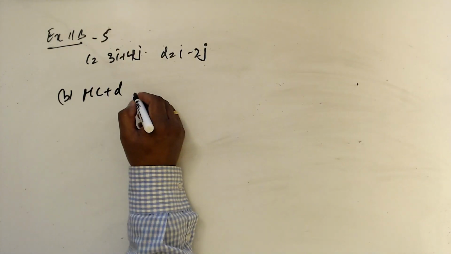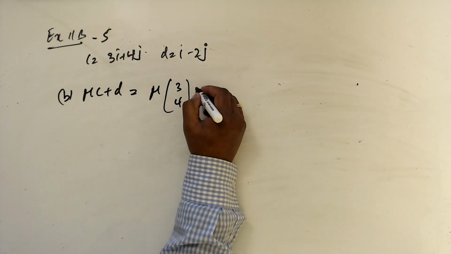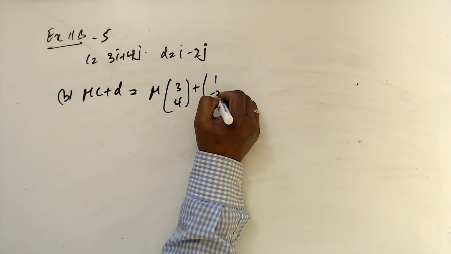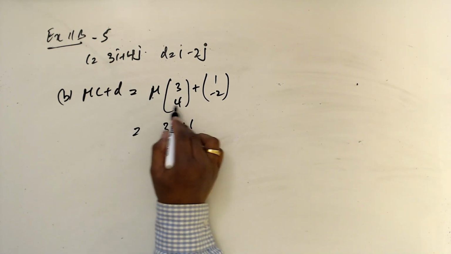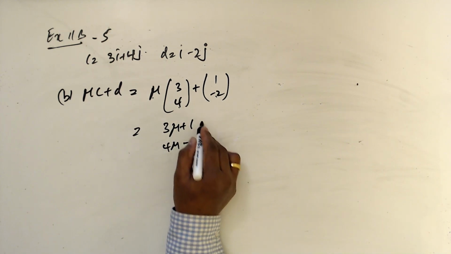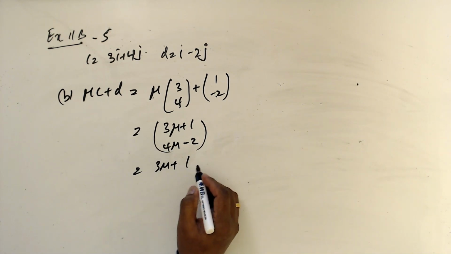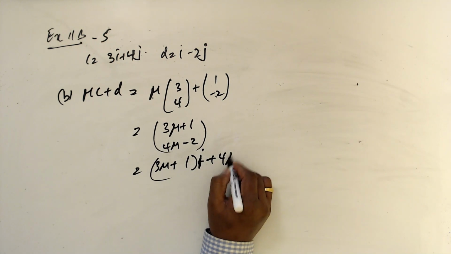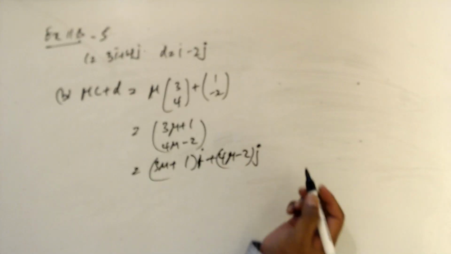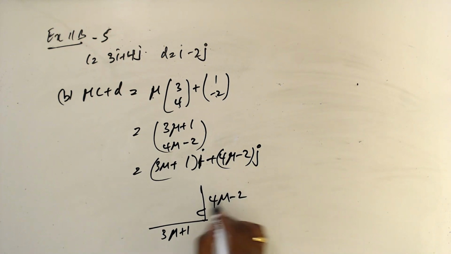Part c, mu c plus d. First of all, find mu c plus d. This is going to be 3 mu plus 1, 4 mu minus 2. In other way, 3 mu plus 1 i, 4 mu minus 2 j.